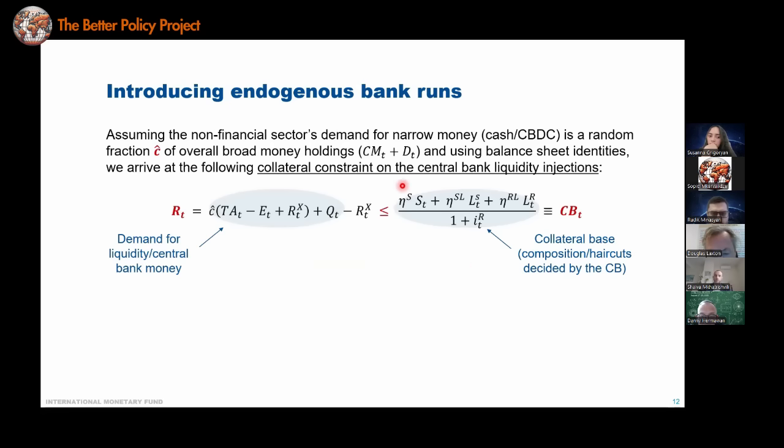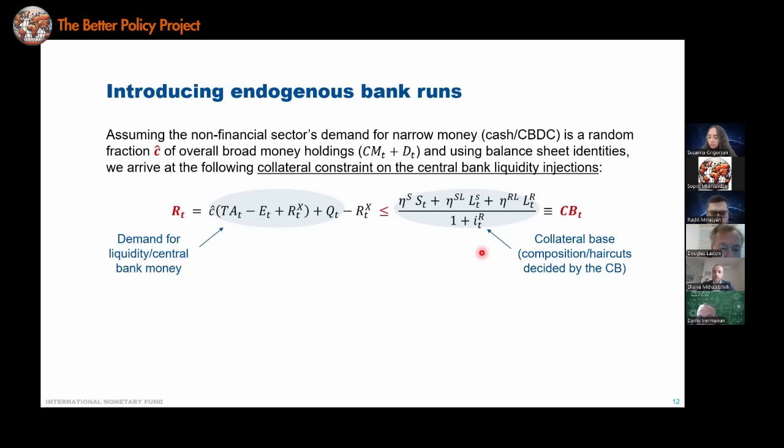So one part is direct. For instance, in the central bank collateral-based constraint, in the denominator we have the policy rate. If the central bank increases interest rates significantly, it means that if banks borrow $100 of liquidity from the central bank, they would need to repay 100 and something, and that something can be very high because the policy rate can be high.